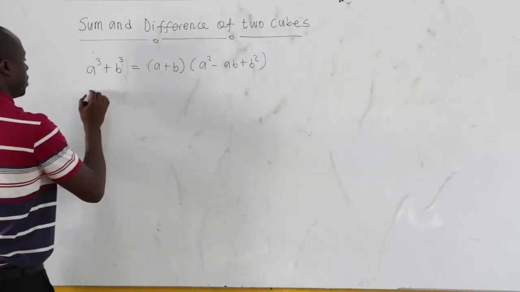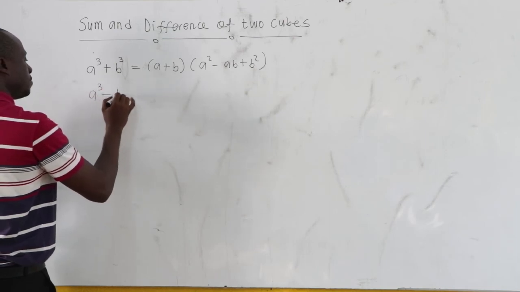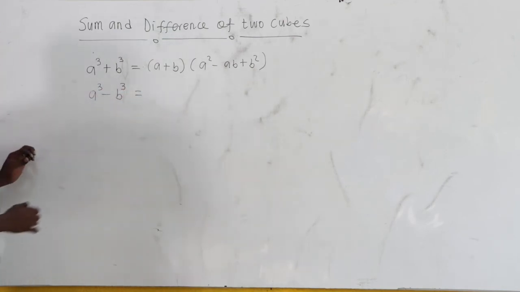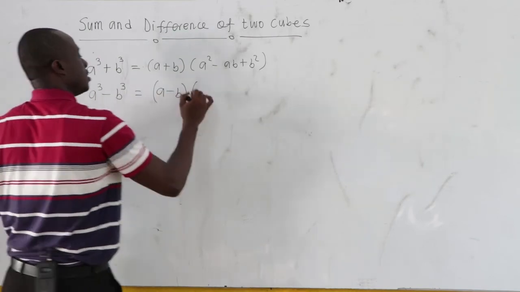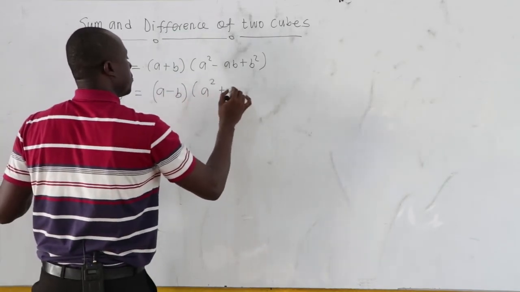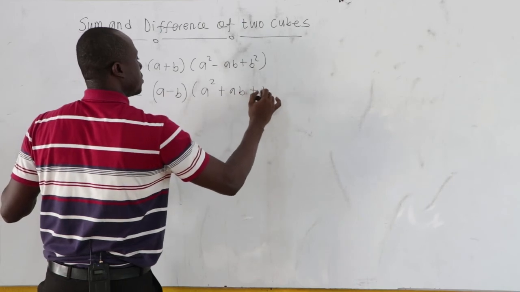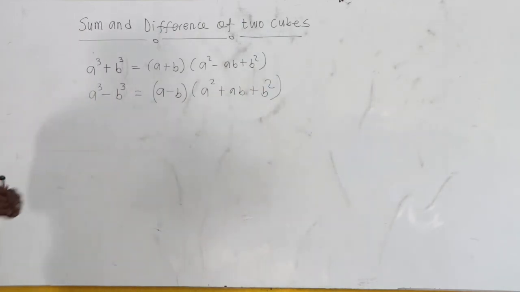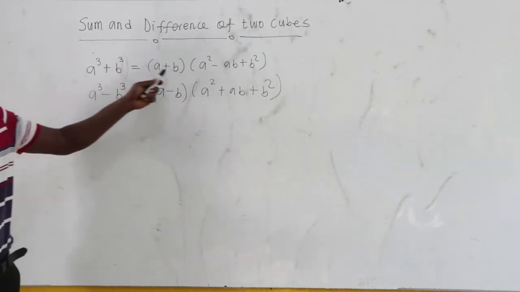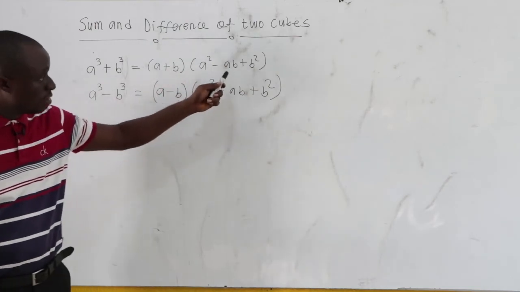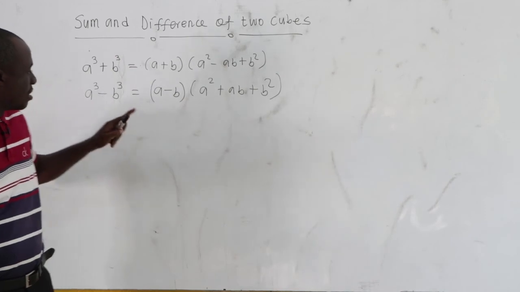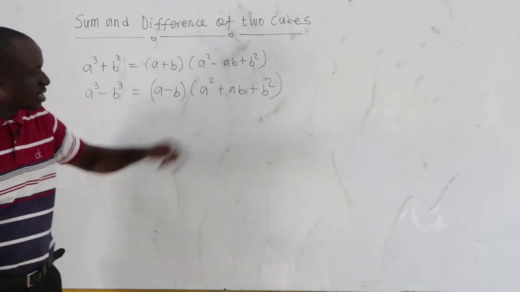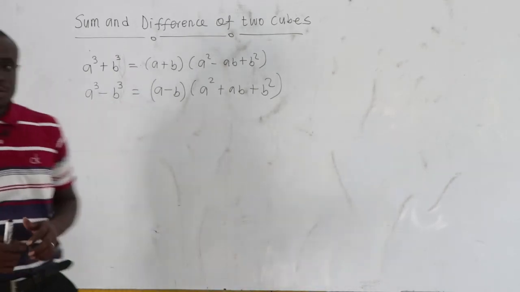And if you have a cubed minus b cubed, this is a minus b times a squared plus ab plus b squared. So if it is plus, here becomes plus and this is negative. Please note there's no 2 here. And if it is minus, then the second one becomes positive.